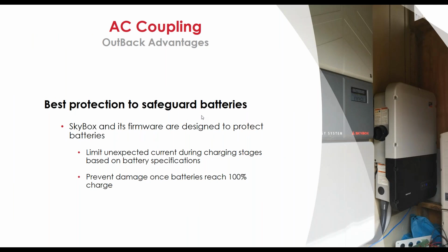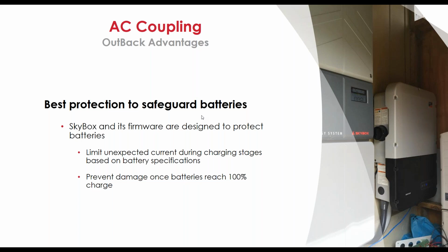Okay. Other Outback advantages. We offer the best protection to safeguard the batteries, right? When you do an AC coupling install, your batteries are the largest percentage of that installation, right? So SkyBox and its firmware are designed to protect the batteries.